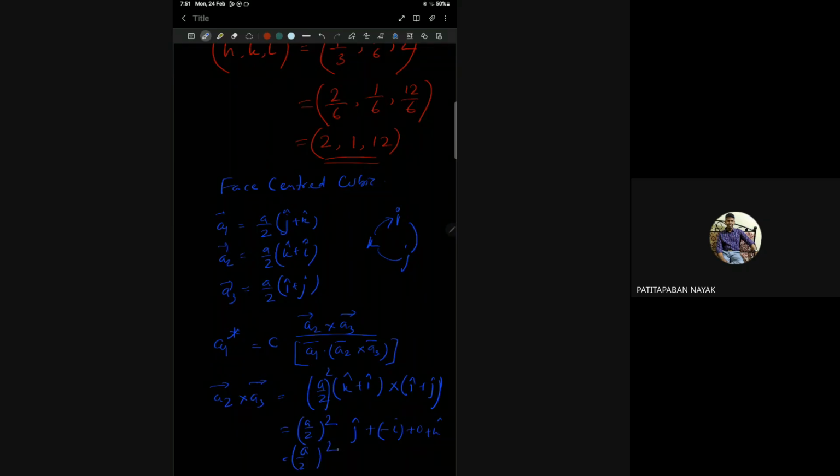So as you can see, this is A by 2 square times minus I cap plus J cap plus K cap.